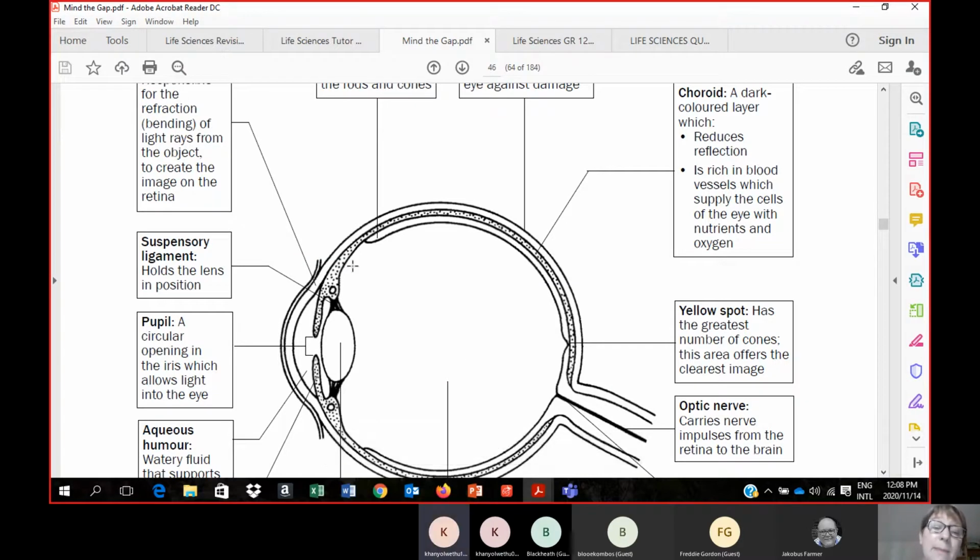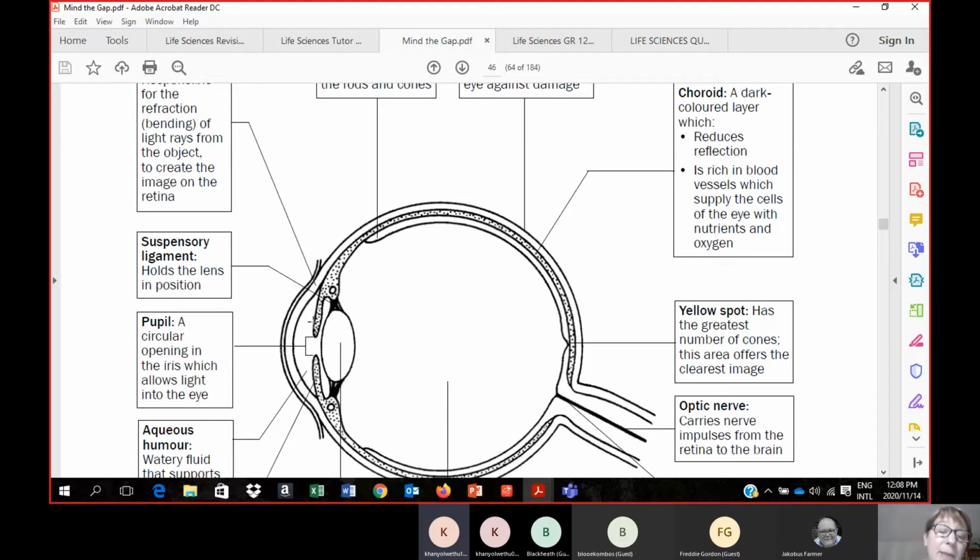Now we go on to this middle layer. And the middle layer, the front little bit that hangs down over here, is the iris. And the iris can be different colors. So some people have blue eyes or brown eyes or green eyes or whatever. So it contains pigments, but the iris also has very important muscles in it called circular and radial muscles.